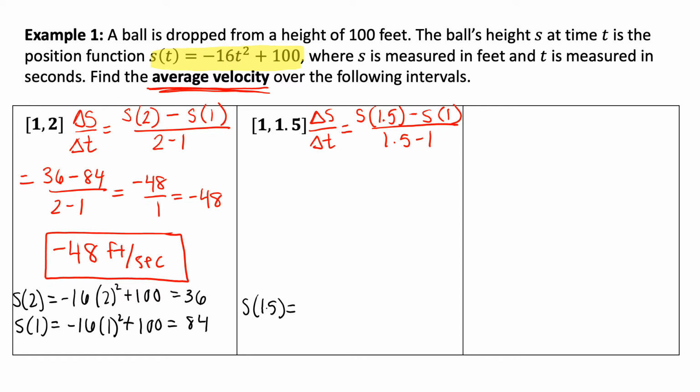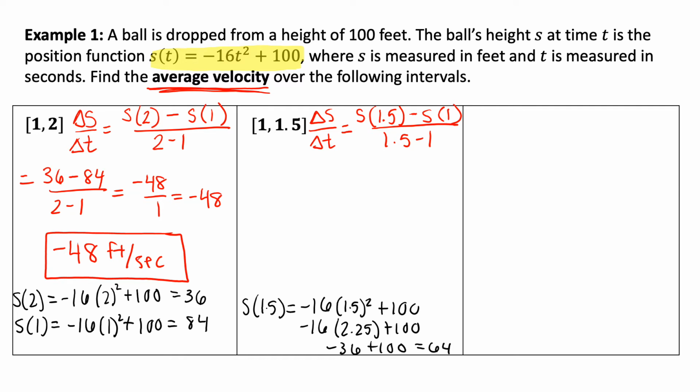When I plug in 1.5 here, I get negative 16 times 1.5 squared plus 100. 1.5 squared gives me 2.25. So then I have 2.25 times negative 16 gives me negative 36 plus 100. So S of 1.5 gives me 64.